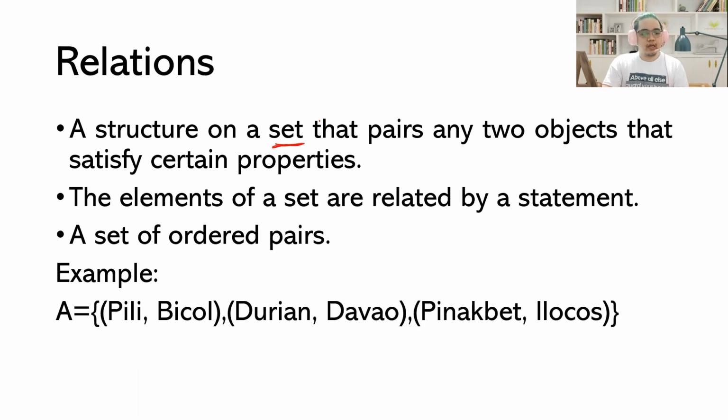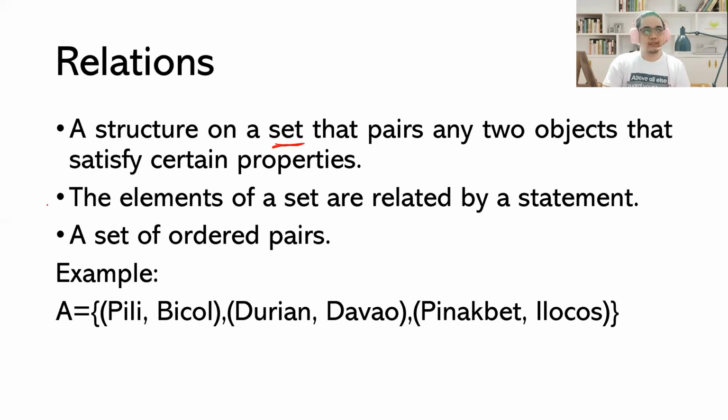So for example, we have here set A, which is composed of the pairs Pili, Bicol; Durian, Davao; and Pinakbet, Ilocos. As you can see, this set of ordered pairs illustrates a relation. If you look at the first elements of each pair, we have Pili, Durian, and Pinakbet, while the second elements of each pair are Bicol, Davao, and Ilocos.